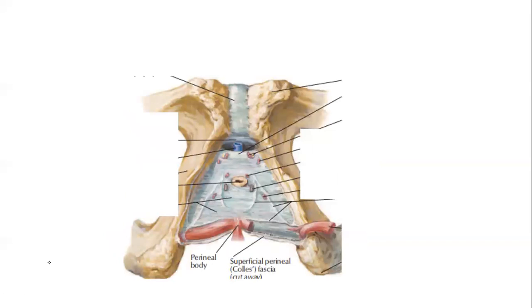Now, this is the picture that we took from Netter's. I want you all to observe this picture carefully. This membrane that you are able to observe is the perineal membrane. Can you tell me all the structures that are the contents of the superficial perineal pouch?